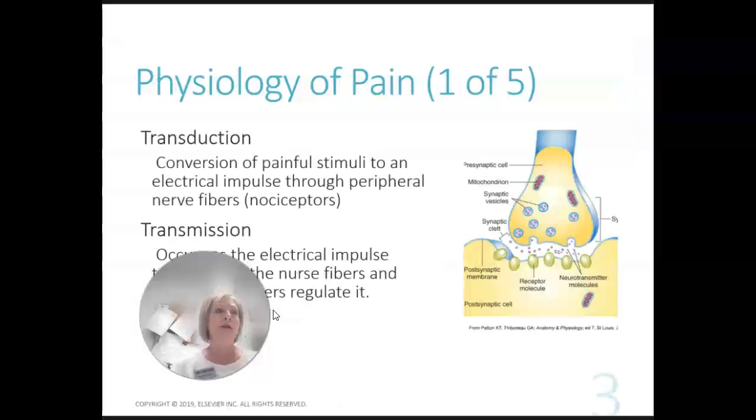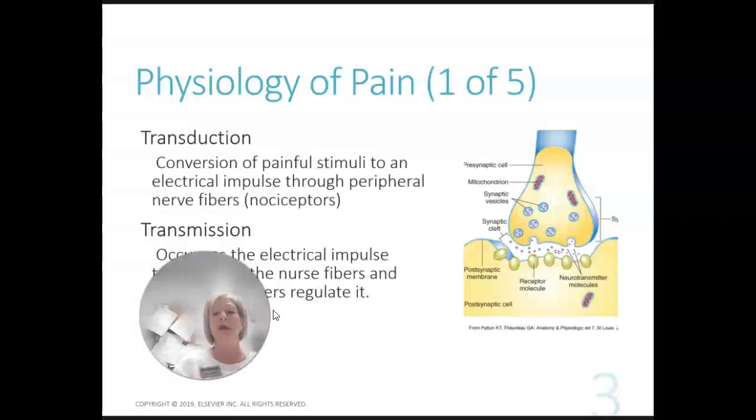So how does pain work, and how can we make pain better for our patients? There are 4 specific physiological processes that happen when you get a painful stimulus: 1 is transduction, 2 is transmission, then you have perception and modulation. Transduction is when we get the pain response.